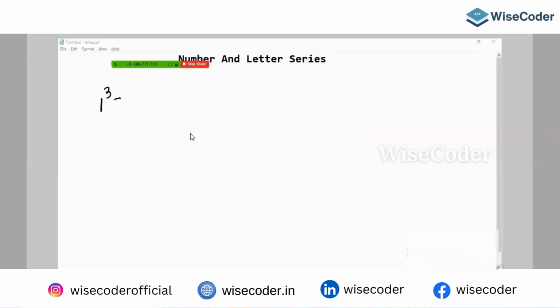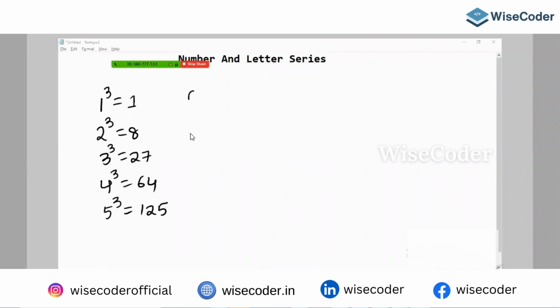Everybody knows 1 cube is 1, 2 cube is 8, 3 cube is 27, 4 cube is 64, 5 cube is 125, 6 cube is 216. 7 cube is 343. 8 cube is what, guys? 512. 9 cube, what is 9 cube?